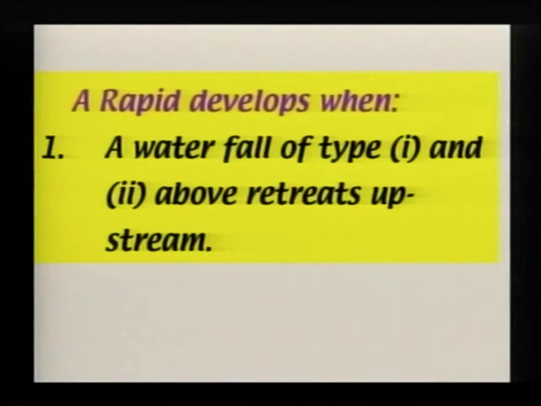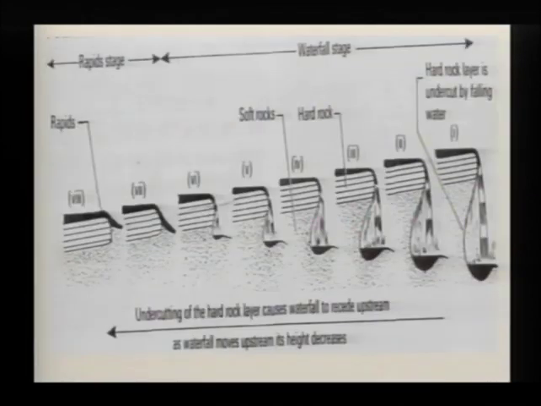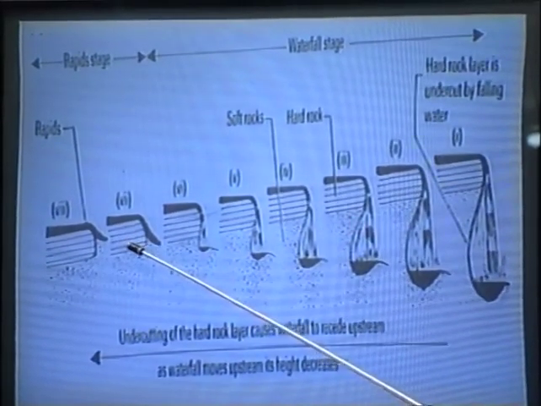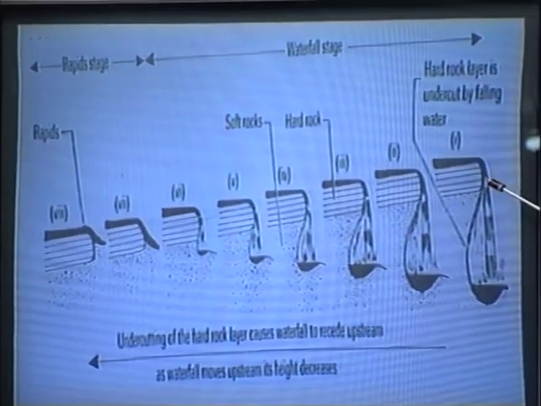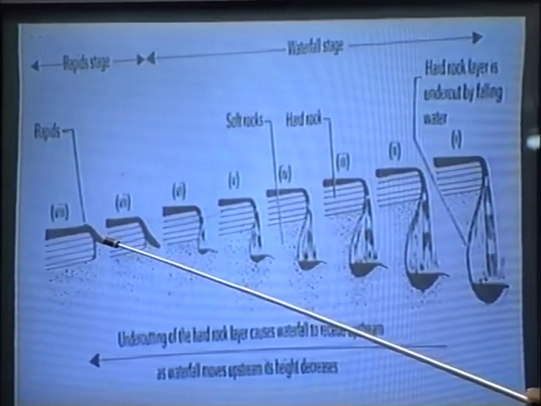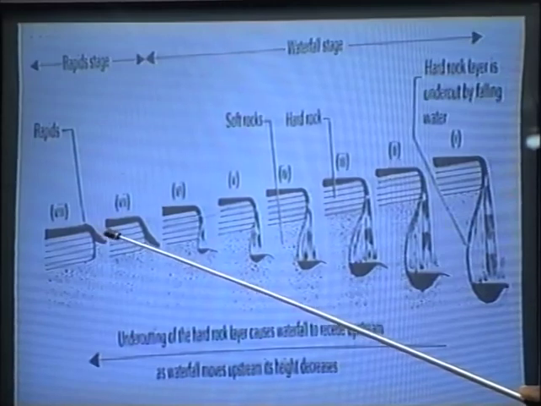To show that with a diagram so that we understand what the definition is referring to, you have diagrams numbered 1, 2, 3, 4, 5, 6, 7, and 8. You don't necessarily have to have 8 diagrams, but here I'm putting 8 to help you understand the development from where the waterfall is, the difference in height from where the fall occurs, to stage 8, whereby the difference is very small.